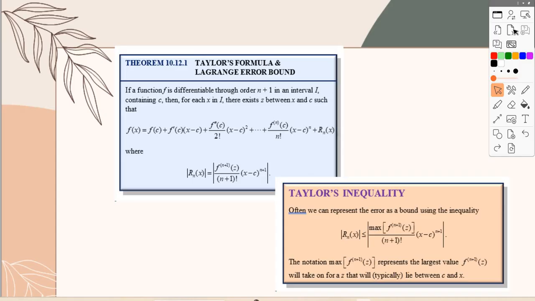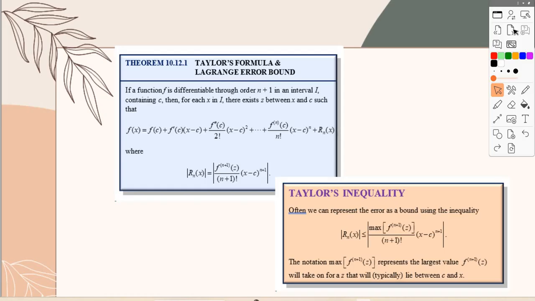So digest, then write. It says if a function f is differentiable through order n plus 1 in an interval I containing c, then for each x in I there exists a z between x and c such that the following is true. That's a lot. Okay. So what's going on here?